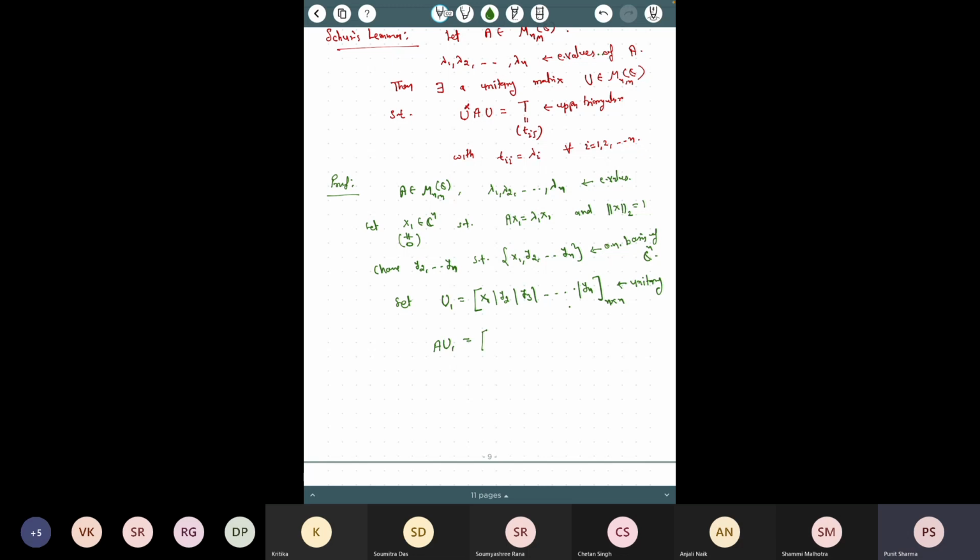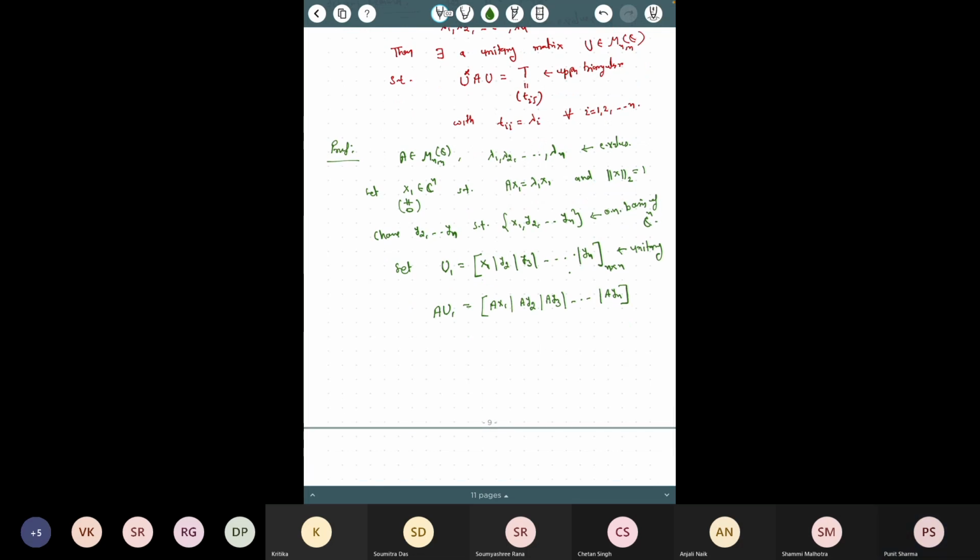And if you look at AU1, when you multiply column wise, the first column would be A x1, the second column would be A y2, then A y3, and so on up to A yn. But we know A x1 is just lambda1 x1.